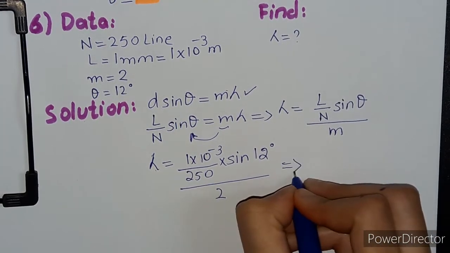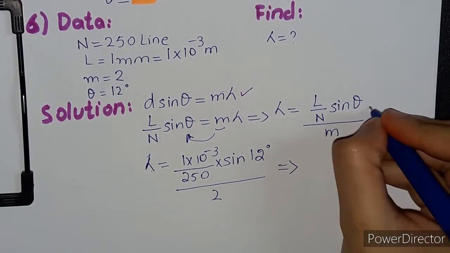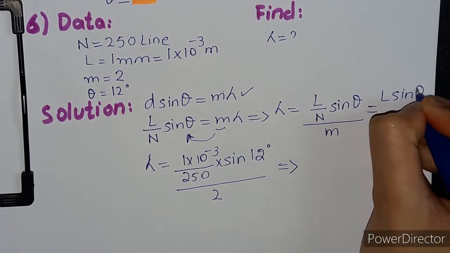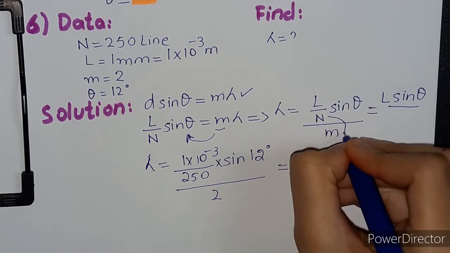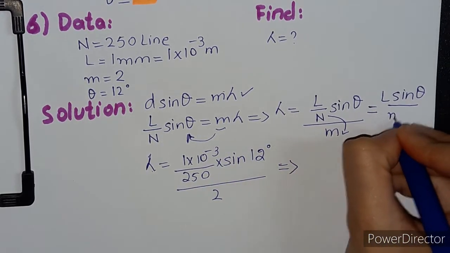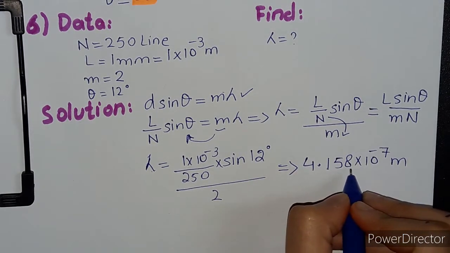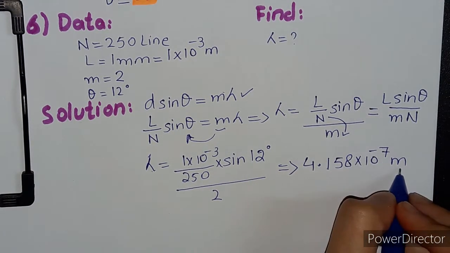Now solving that in the calculator, you can write it like this also: L sin theta divided by n times m. We will get the answer 4.158 × 10 to the power minus 7 meter.